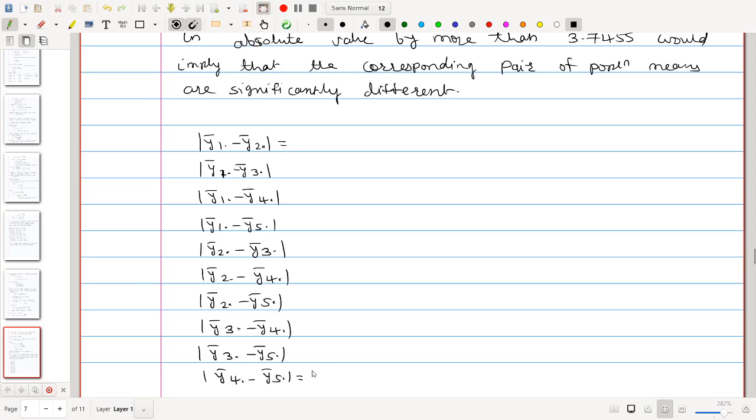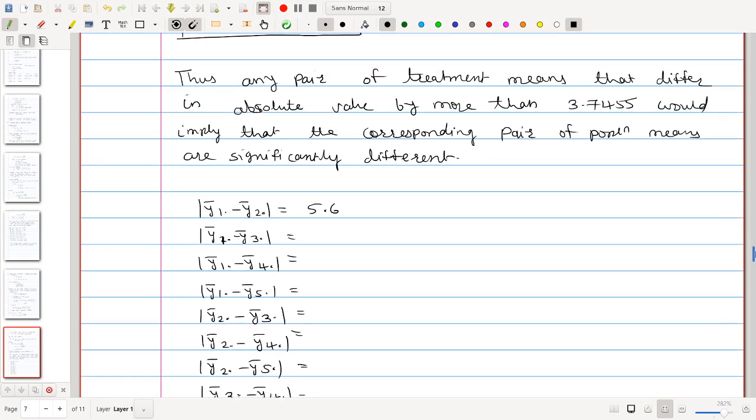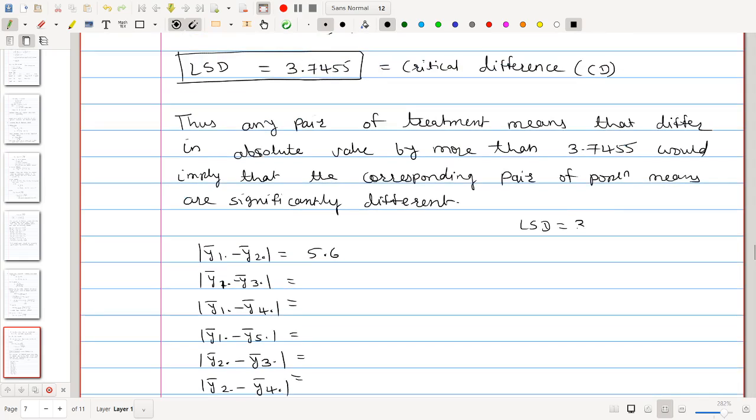These 10 pairs are there. We had already found these differences in the Tukey test. The first absolute difference is 5.6, and our LSD is 3.7455. Remember this value.